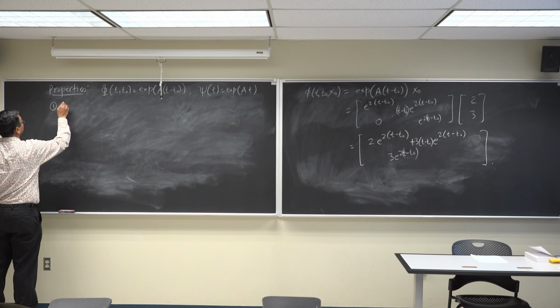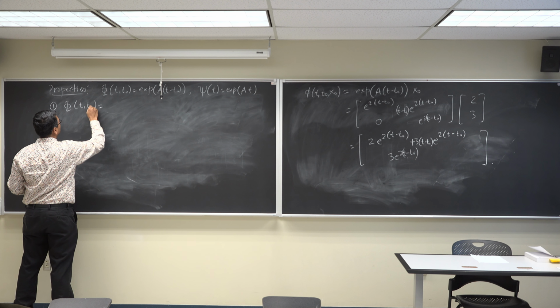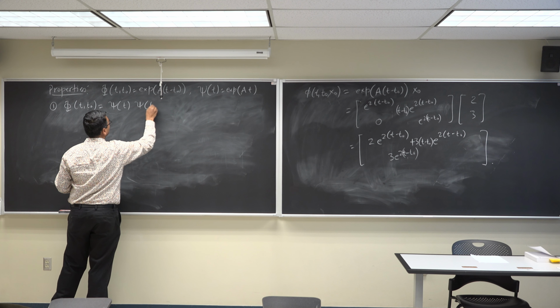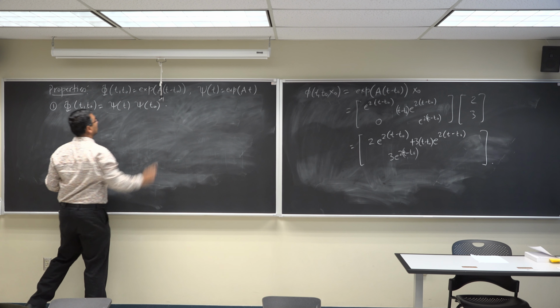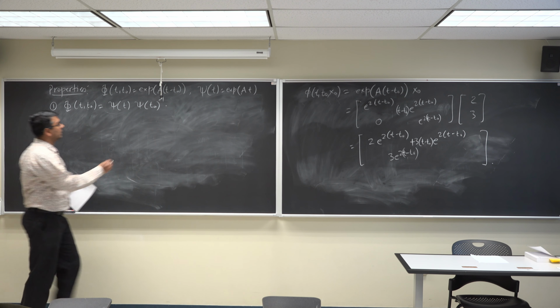So the first property is phi of t, t naught equals psi of t times psi of t naught inverse, for all t and t naught.